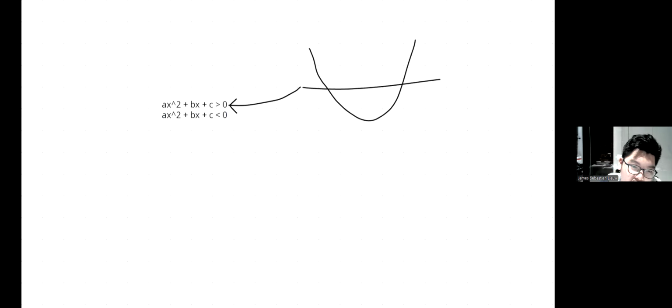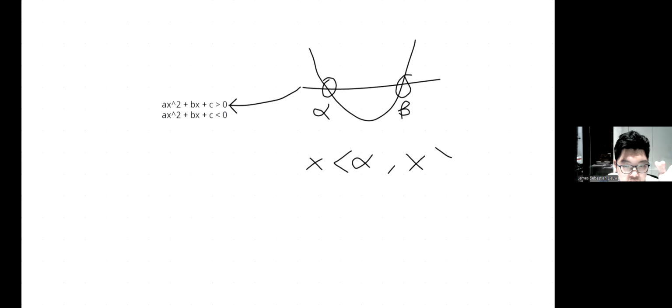Say this is the first root, alpha, and this is the second root, beta. Then the solutions are x less than alpha and x greater than beta, because those are the parts that are greater than 0.